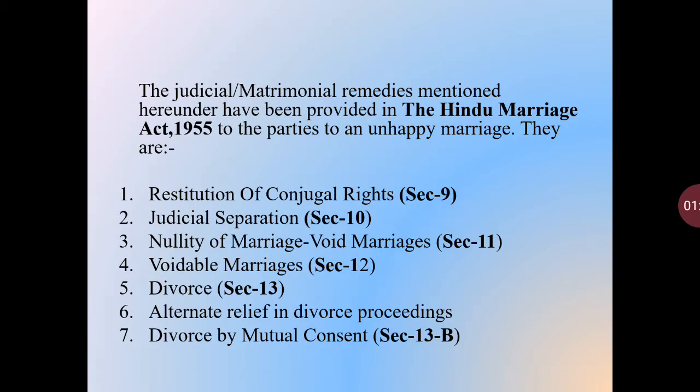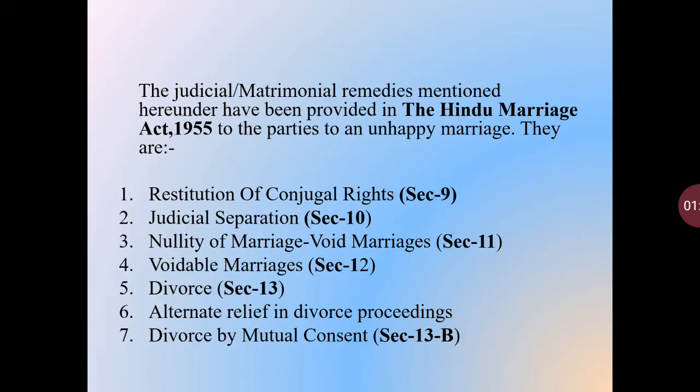The judicial matrimonial remedies mentioned hereunder have been provided in the Hindu Marriage Act 1955 to the parties to an unhappy marriage. They are restitution of conjugal rights, section 9, judicial separation, section 10, nullity of marriage.